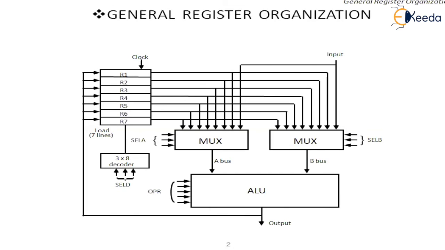Okay, and the advantage of this general register organization is, in this case, you have just seen 7 registers, but in advanced computer systems, we have a huge number of registers. Nowadays, we can see registers anywhere between 64 to 128 or even more.